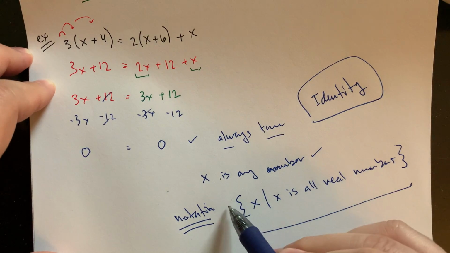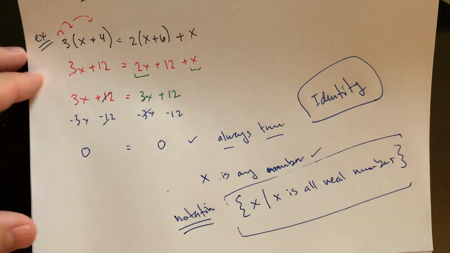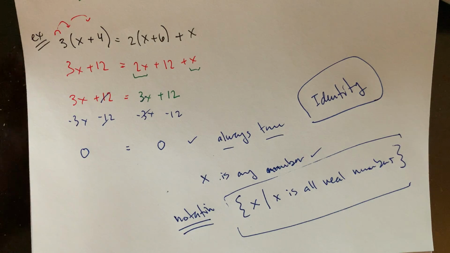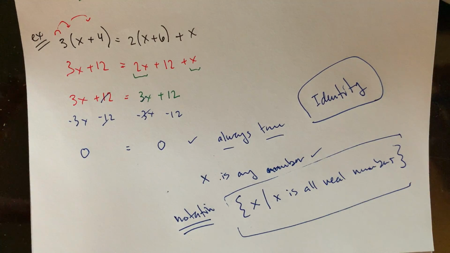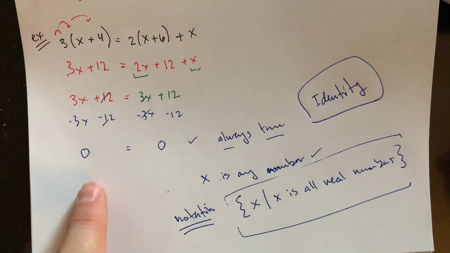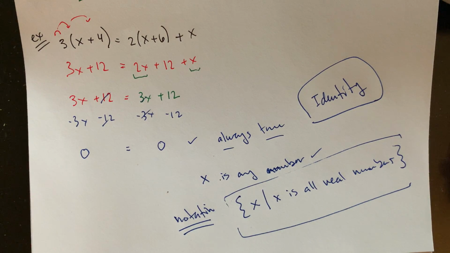So the way you're going to see that on homework, quizzes, and tests, through the online system, is with this set builder notation. But the idea is it's an identity equation, right? And you get there if you try to solve it and you shift everything around and you end up with this trivial, 0 equals 0 end result.